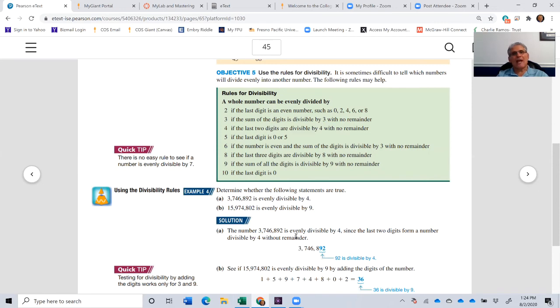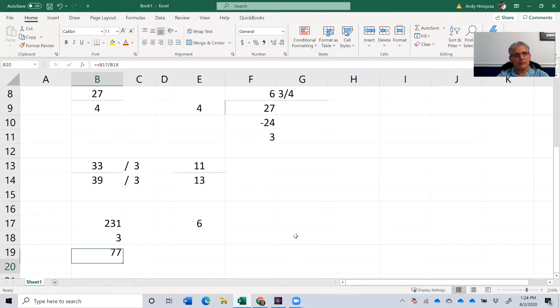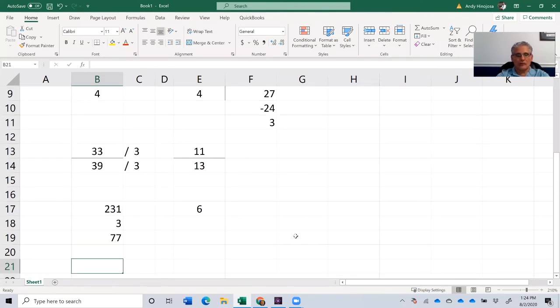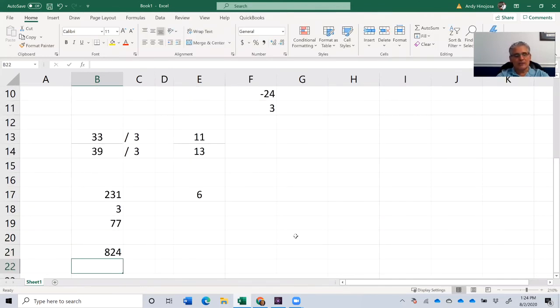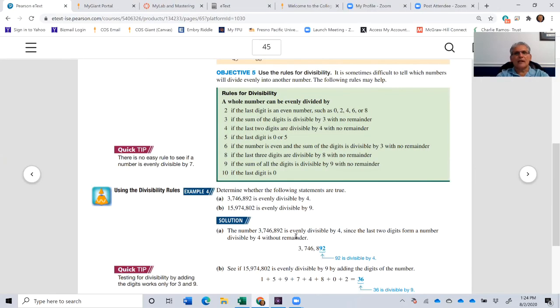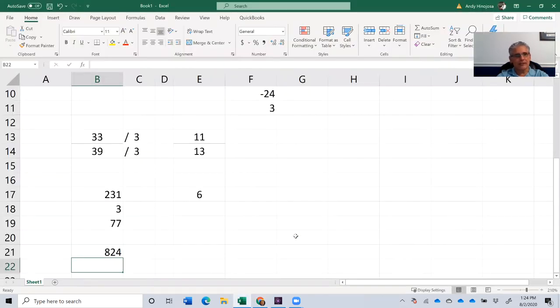The next rule, a whole number can be evenly divided by 4 if the last 2 digits are divisible by 4 with no remainder. So the example for number 4 would be, let's say your number is 824 and you're trying to think, well, is this divisible by 4? And the rule says if the last 2 digits are divisible by 4 with no remainder, then it can be divided.